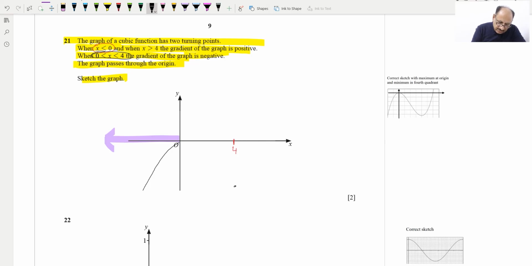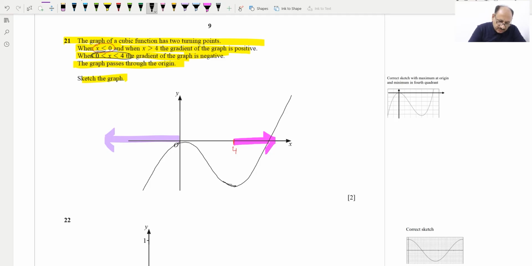So gradient down will be like this one is having gradient negative for these portions, and then we will move up and the more than 4 portion is having gradient positive this side and negative the other side, which I have already shown.